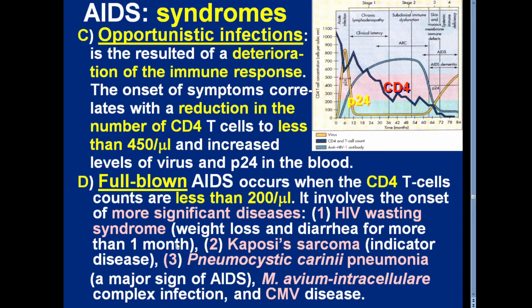When the number of CD4 cells critically decreases, usually said to be less than 450 per milliliter, then the latent period of HIV changes to AIDS. And in this period, opportunistic infections are registered.